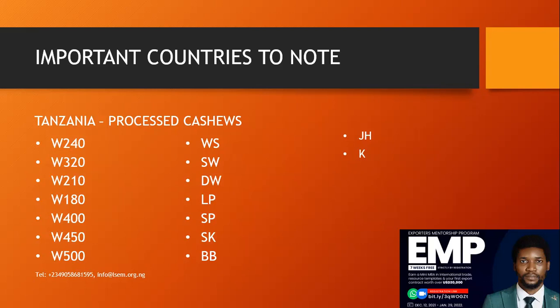So all they just mean is how you split. The splitting, because after processing, not all the cashew nuts will come out as a whole. Some would have broken into pieces. Now all these little pieces, they don't throw them away. They just give every one of them a code. So like the W320 and W240, which are the most popular, there's a way they come out so that it's big, so that it comes out as a whole.